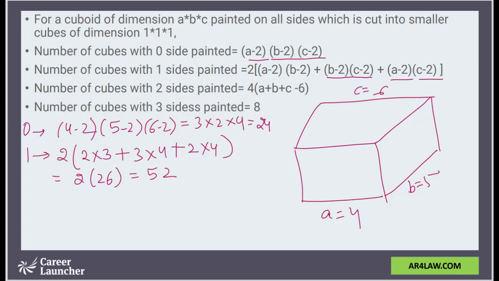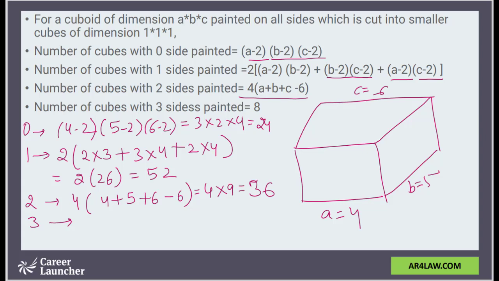Number of cubes with two sides painted is given by 4 times of (A plus B plus C minus 6). So 4 into (4 plus 5 plus 6 minus 6), that means 4 into 9, that's 36. And number of cubes with 3 sides painted is going to be 8.